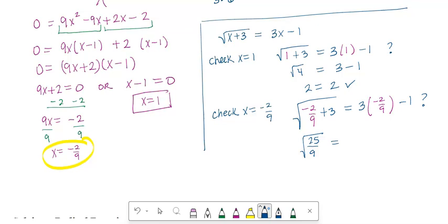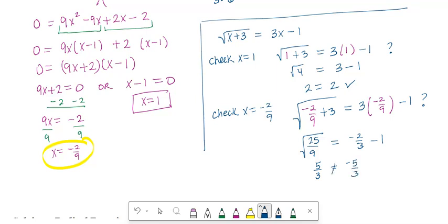And then 3 times negative 2 over 9 is negative 2/3. The square root of 25 over 9 is 5/3. I can take the square root of the numerator and the denominator separately. But on the left side, when I take that negative 2/3 and I subtract 1, I'm getting a negative 5/3.